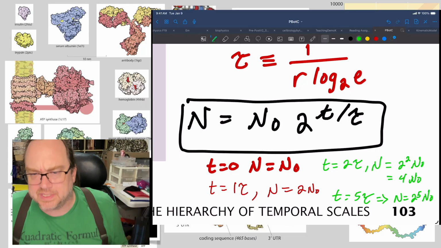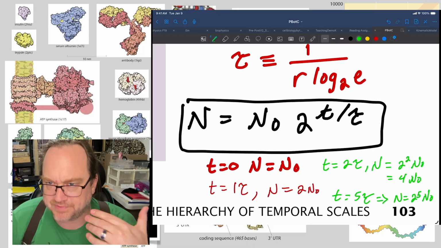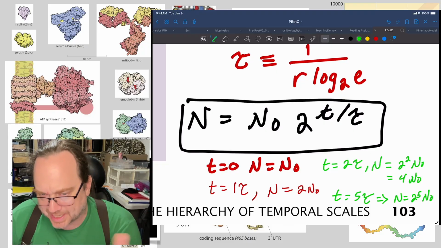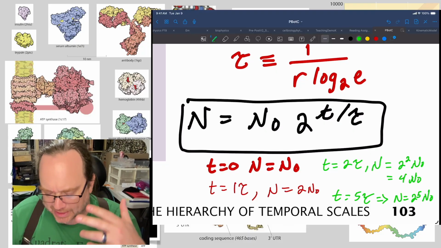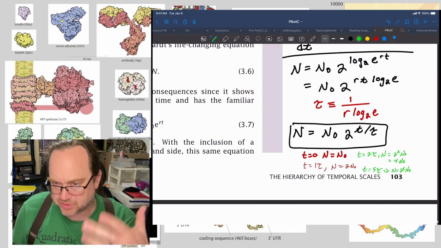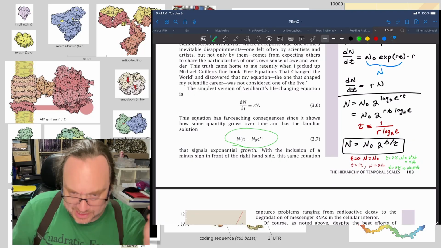So some people really enjoy the tau because it lets them think directly in terms of doubling time. It's still exponential growth. It's still e to the x. You haven't changed anything. You've just put it into a unit that's a little bit easier for people to see and visualize.